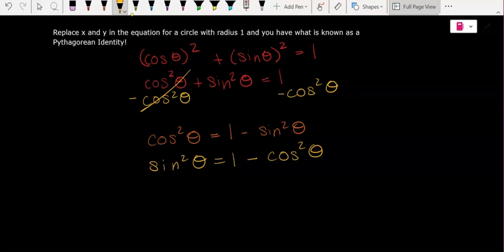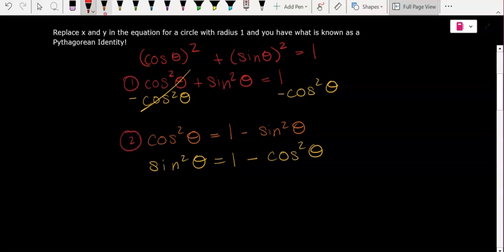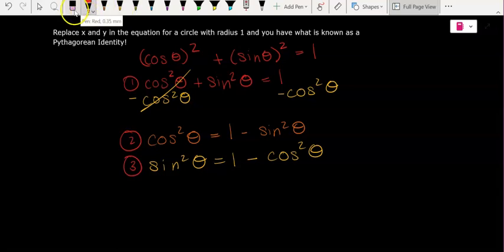And this is going to be 2 ways to rewrite your Pythagorean identities. So we're going to have that first one as our original one. We now have this one set equal to cosine squared, and then we also have this one set equal to sine squared. So those are 3 different ways to write the same equation.